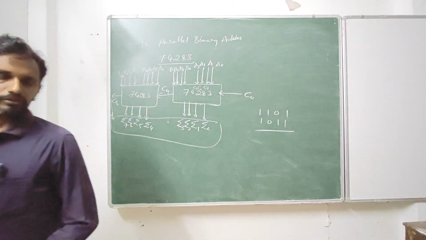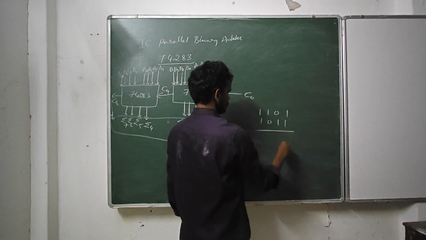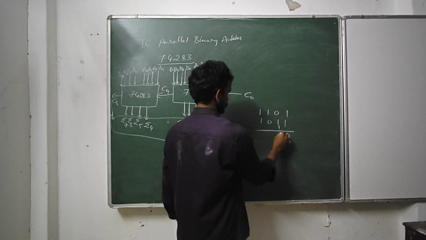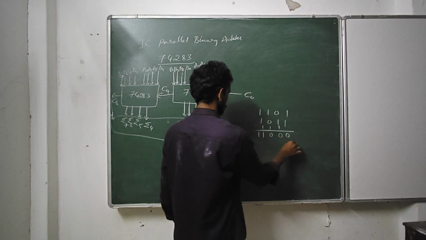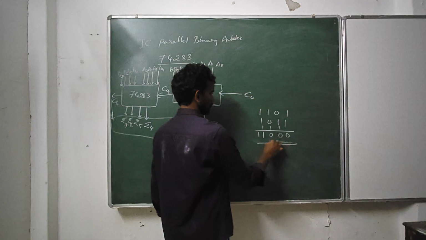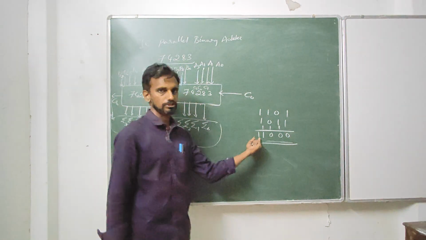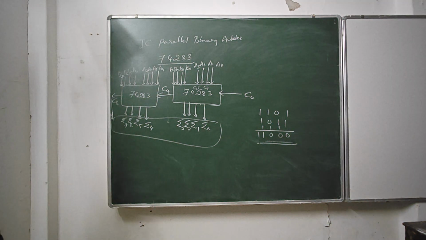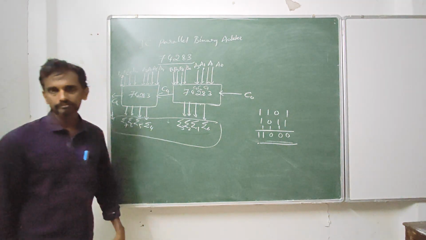Let's say when you are adding these two, 1 1 0 1 1 1 is 0 1, 0 1. So you got 4 bits as some additional carry. So 4 sum bits and a carry bit.